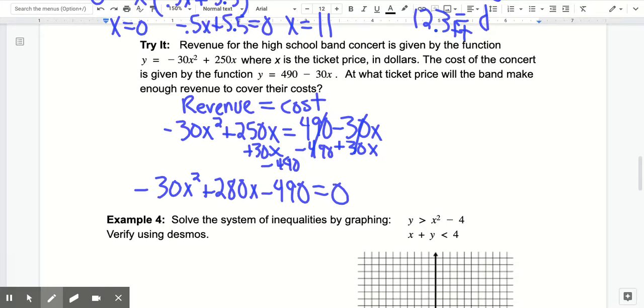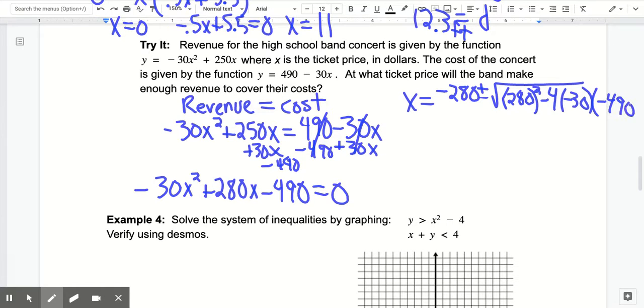There's a GCF of 10, but I don't think I really want to factor this. So if we don't want to factor, the quadratic formula is going to be our best bet. So to solve this, we're going to do x equals negative b plus or minus the square root of b squared minus 4 times a times c, all over 2 times a.